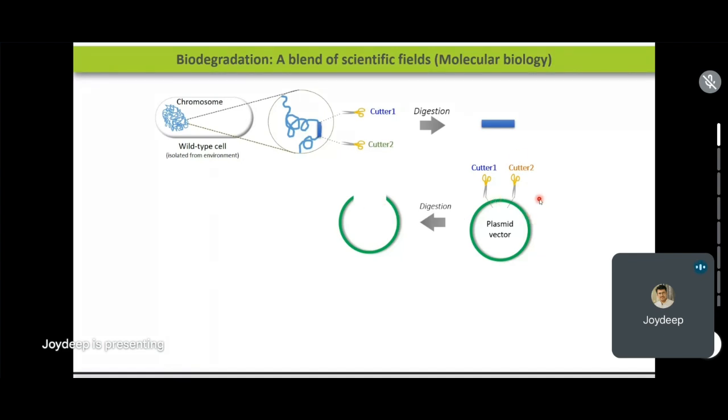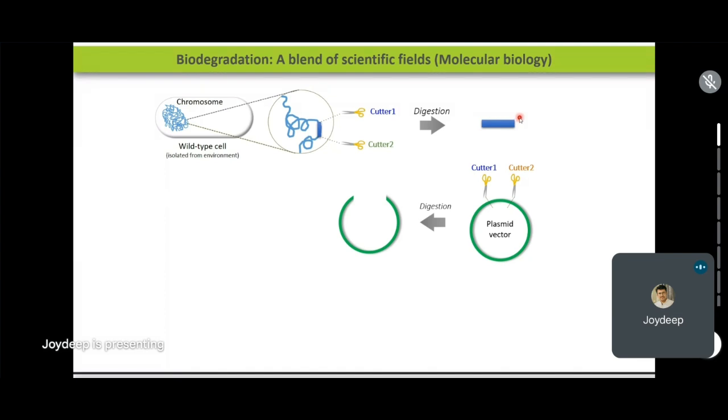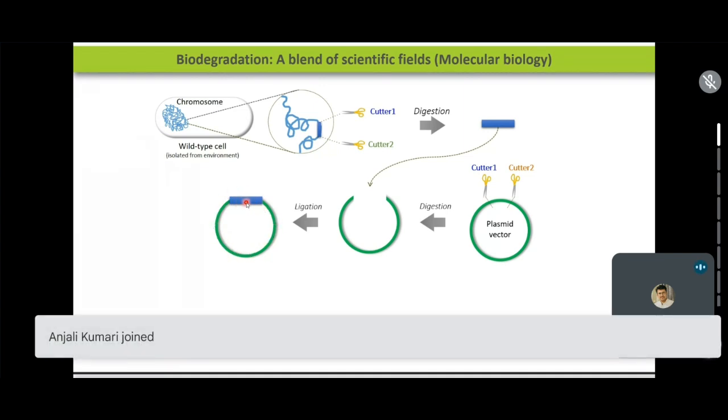So now what we do, we take this gene, because you might be aware of this, that this gene now contains the sticky ends compatible to this particular plasmid vector. So we will just bring it, we will ligate it here, and after ligation, this plasmid vector will now turn into a recombinant plasmid, right, as you can see here. So the plasmid containing our gene of interest.